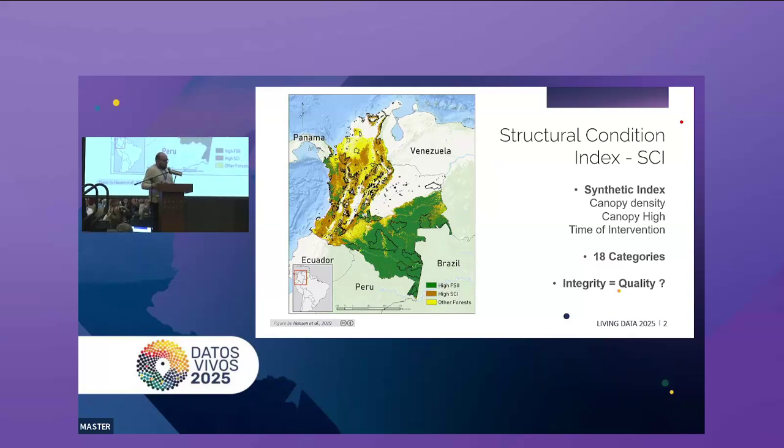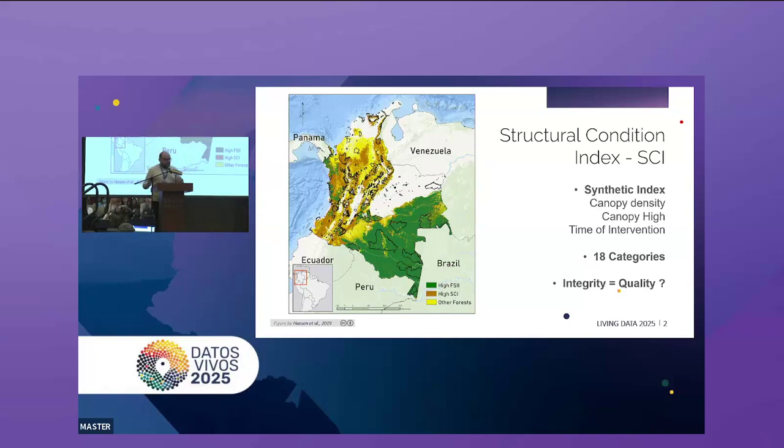In the case of forest ecosystems, we have the structural condition index, which is a good proxy of the spatial arrangement of the vegetation of the forest, because it uses three different components: canopy density, canopy height, and time of intervention. In summary, the SCI has 18 categories, and the greater the SCI number, the forest is taller, denser, and the perturbation is older.